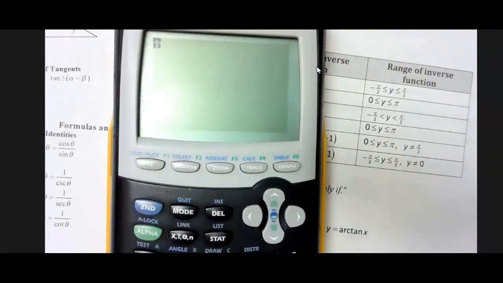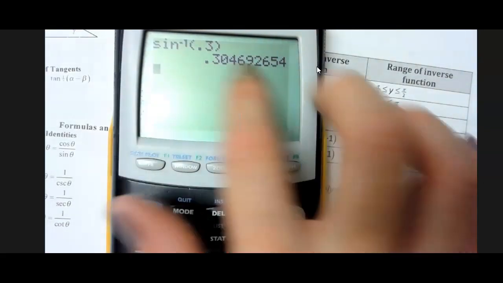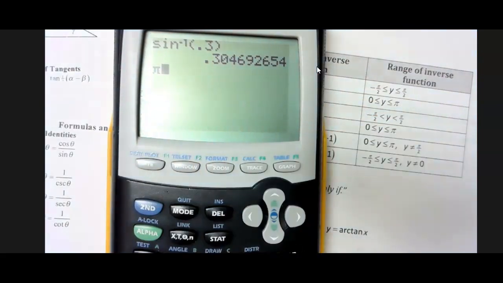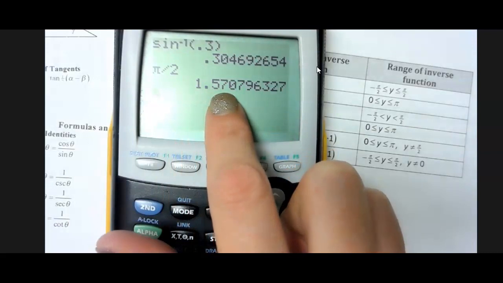You do second sine, because arcsine is the same as sine inverse. You'd plug in 0.3, hit enter, and we get 0.3046. So again, roughly, that's in quadrant 1, because pi halves is the end of quadrant 1, which is 1.57.